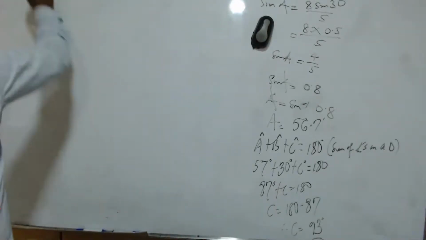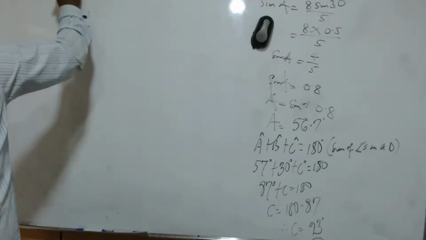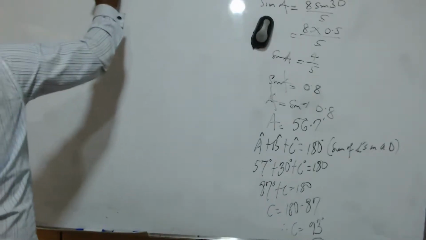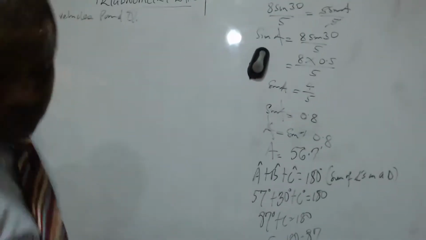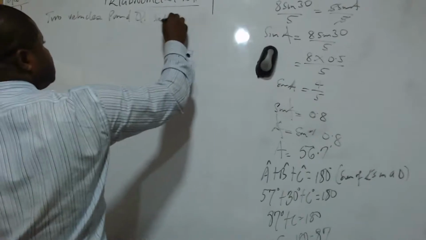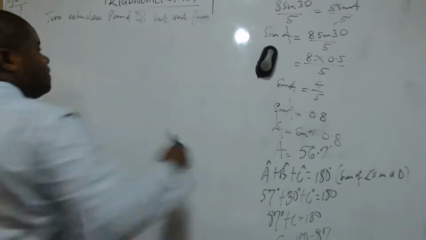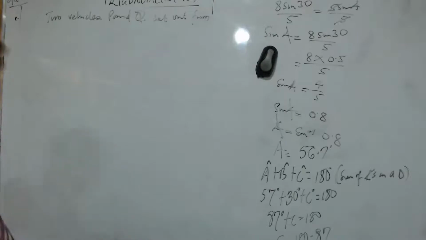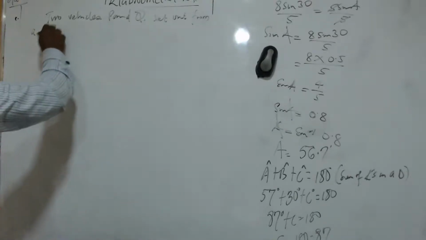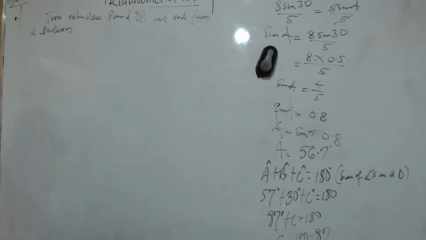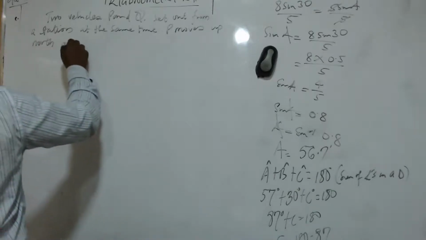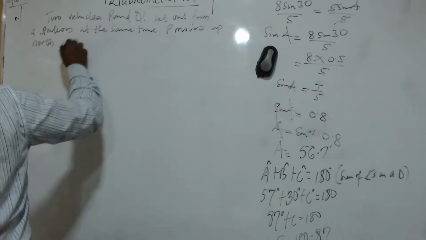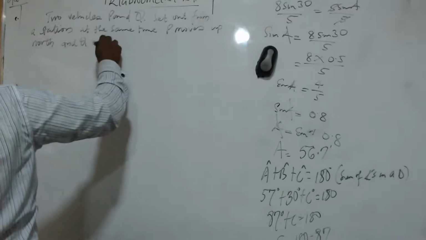Two vehicles, P and Q, set out from a station at the same time, and Q on the bearing.